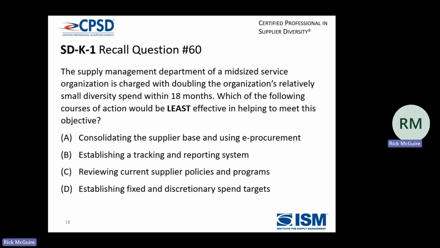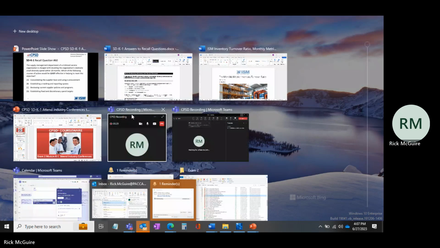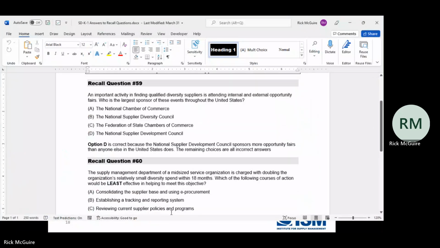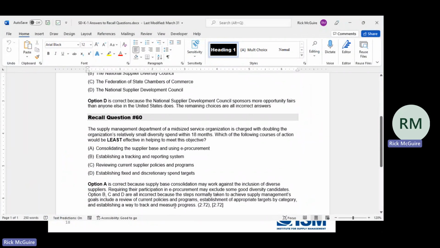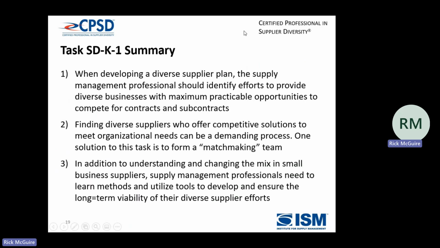Establishing a tracking and reporting system. That probably would. Reviewing current supplier policies and programs. Yeah, that probably would. Establishing fixed and discretionary spend targets. That probably would. So I'm thinking A. And A it is.